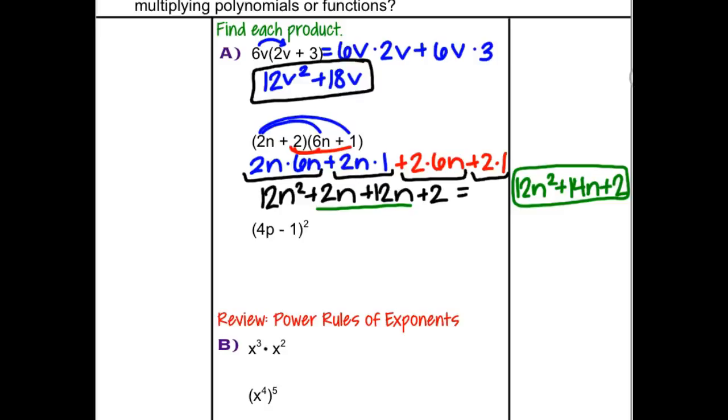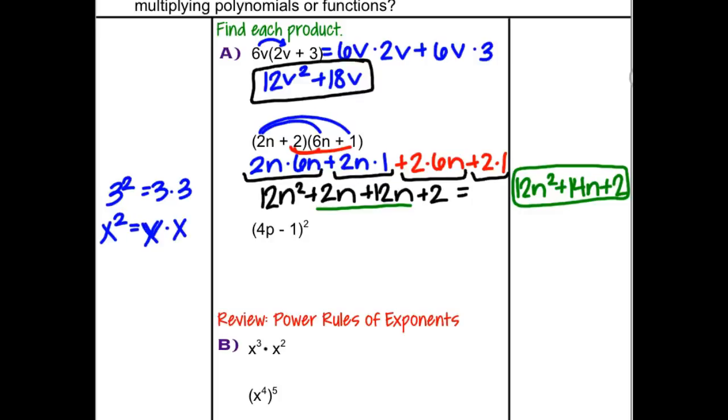If we have 3 squared, 3 squared means 3 times 3. Likewise, if we have x squared, if you go back to when we had b times b, that was b squared. So we've got x times x.